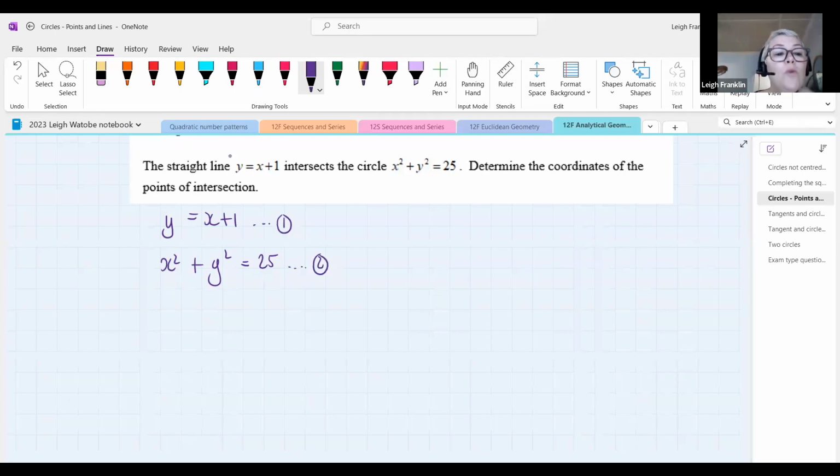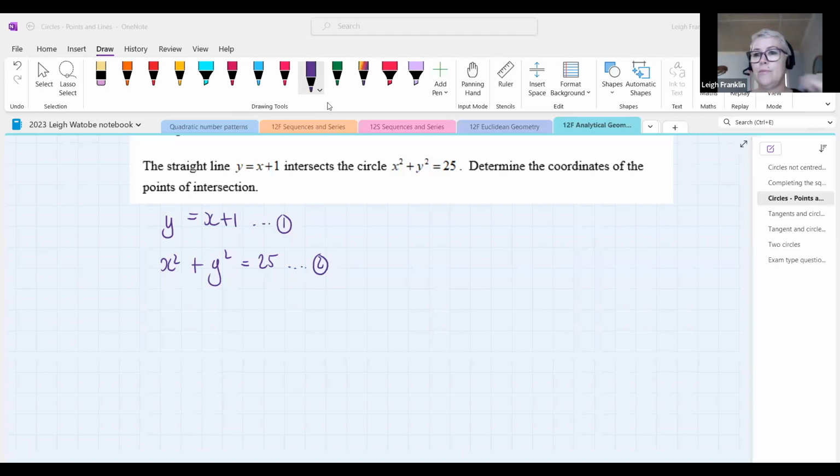All right, and what we would want to do here is sub equation number 1 into equation number 2. Can anybody tell me what I should write when I want to do that? What do you think I should write if I'm subbing equation number 1 into equation number 2?